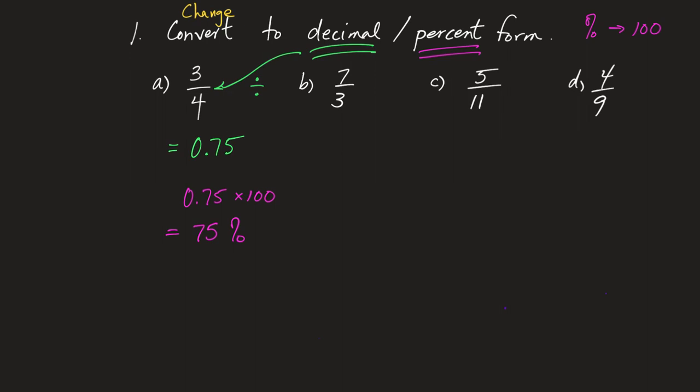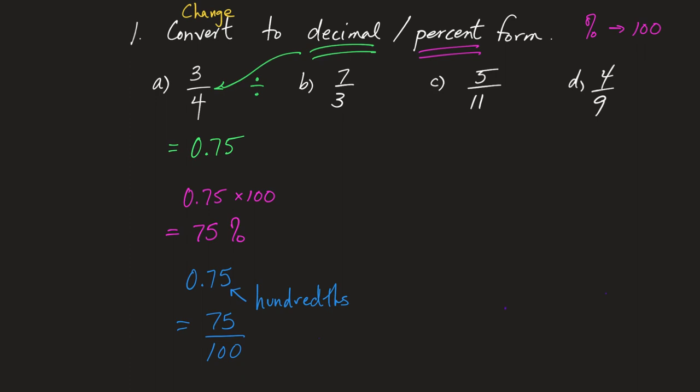For some of us with our place value, we may remember that 0.75, that last digit, the 5, is actually in the hundredths column. So I could think of that as 75 hundredths.